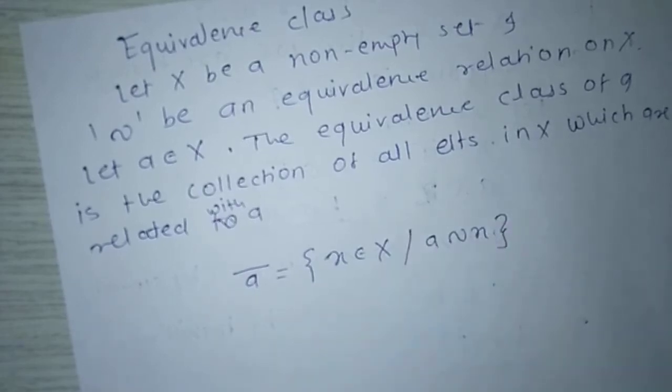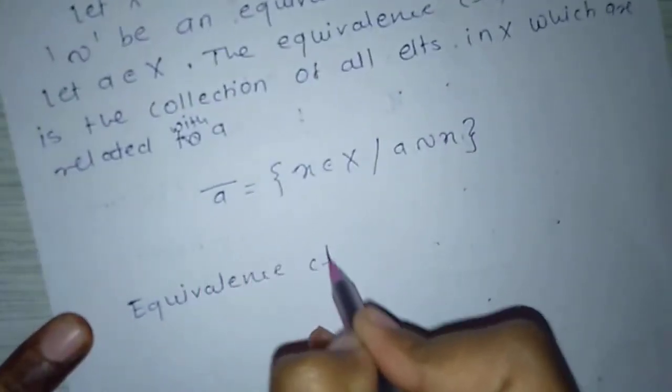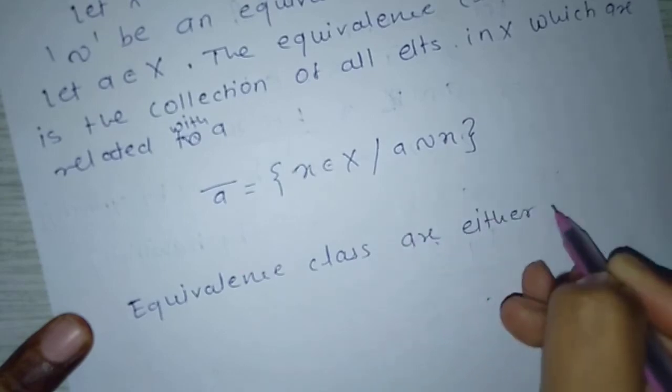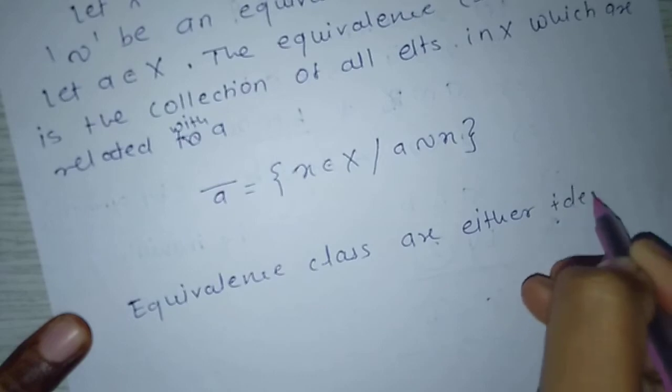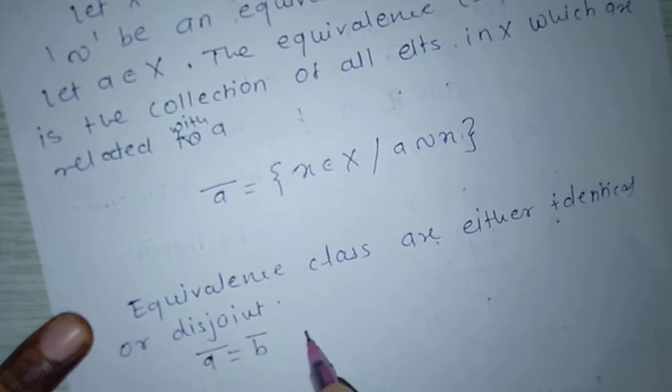And also we have seen the theorem: equivalence classes are either identical or disjoint. That is, either a bar equals b bar or a bar intersection b bar equals phi.